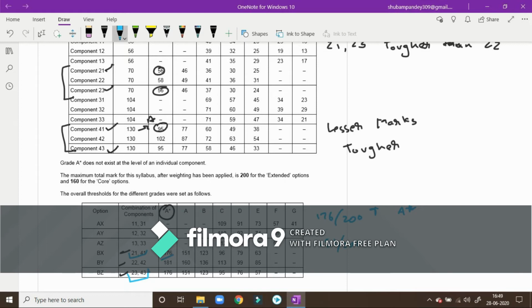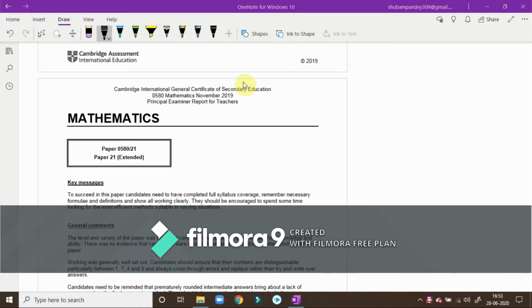But 22 and 42 were relatively easier. So a GT gives you an idea about which papers were tougher and which were easier, and you can use that to know which paper to solve if you don't have enough time. So that was it for the GT part.